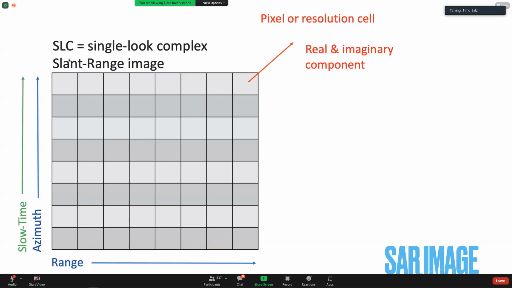That is one image type that you can order. If you get a SAR image, sometimes you get a whole bunch of different types that you can download or order. And you may have the raw image, which would be, I showed you a raw image on Friday, which you still need to focus.